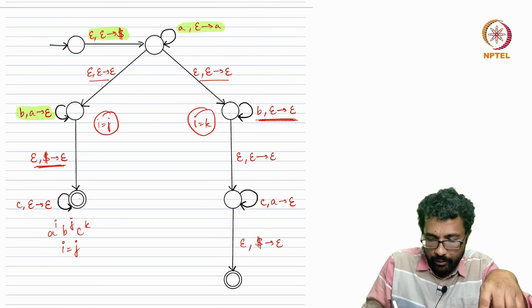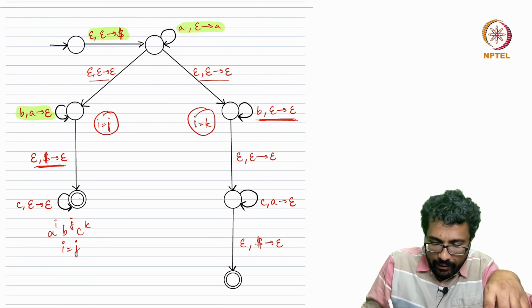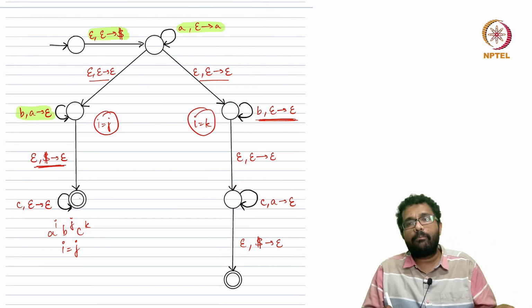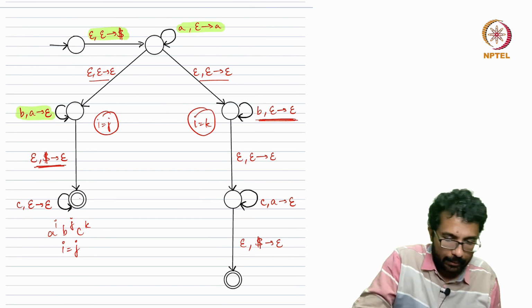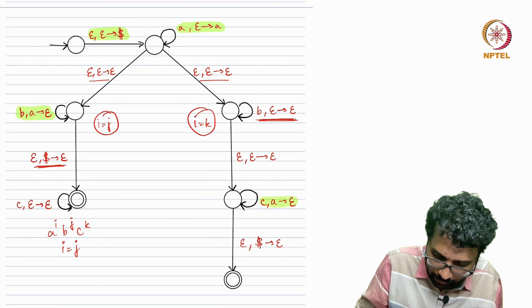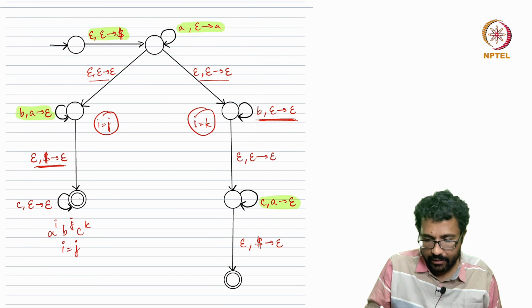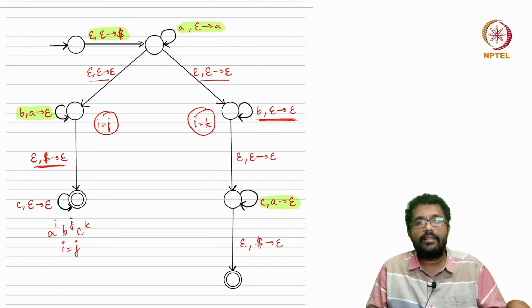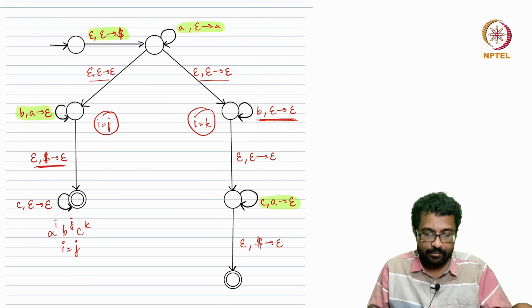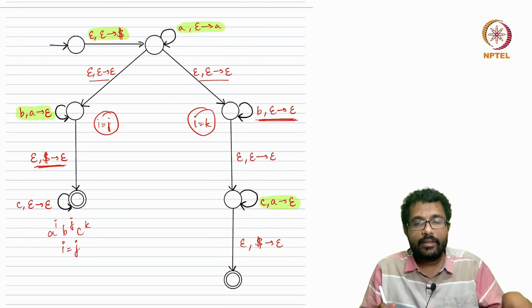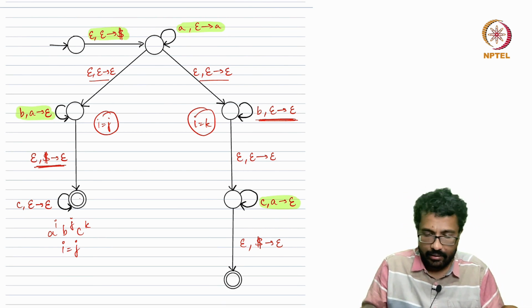And at some point we move to the next state, and then we are reading c's, and whenever we read one symbol c, we pop out an a. So that's what is happening here. Whenever we read a c, we pop out an a, and the only way we will move to the accepting state is if the number of c's is equal to the number of a's. And the way in which these are ordered ensures that the string has to be of the form a star, b star, c star.